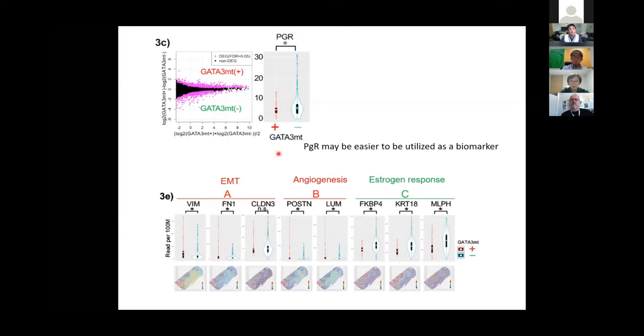By the way, we also found that the GATA3 mutation was relatively well associated with PCR expression, protein expression levels. So PCR may be easier to utilize as a biomarker instead of looking at the GATA3 genomic mutation or transcriptomic changes in a clinical setting.